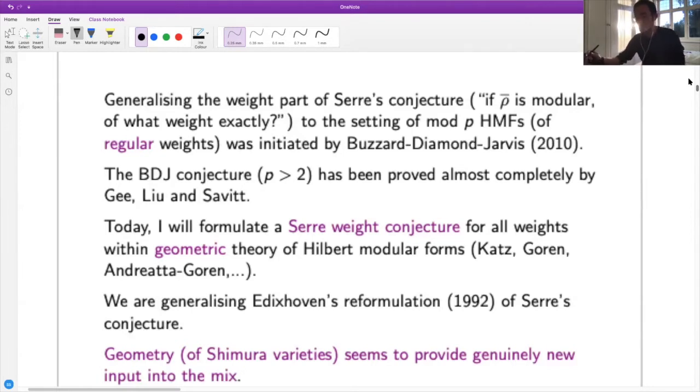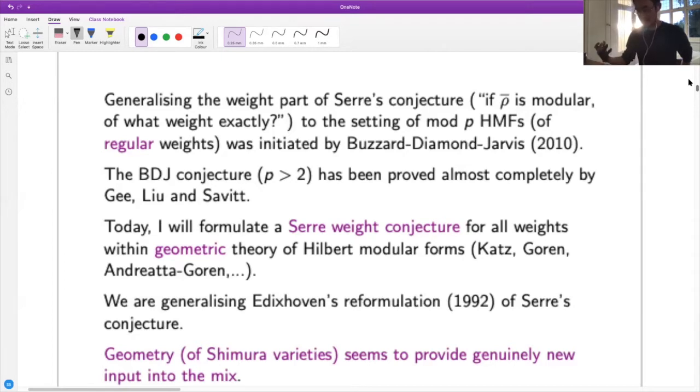It may be helpful to give you a heads up. In a sense, we are trying to do what Edixhoven did in 1992, reformulating Serre's original conjecture in a geometric context, including the weight one case.